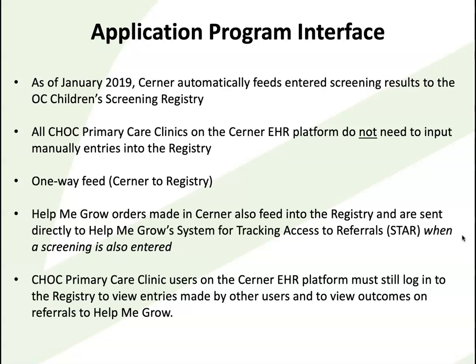So in Cerner, I'll show you where that page is, where you can make referrals to Help Me Grow. When that is accompanied with a screening result that you've also entered, then we receive that referral automatically, and we'll make efforts to contact the family and be able to provide information and resources based on the screening result that you entered.